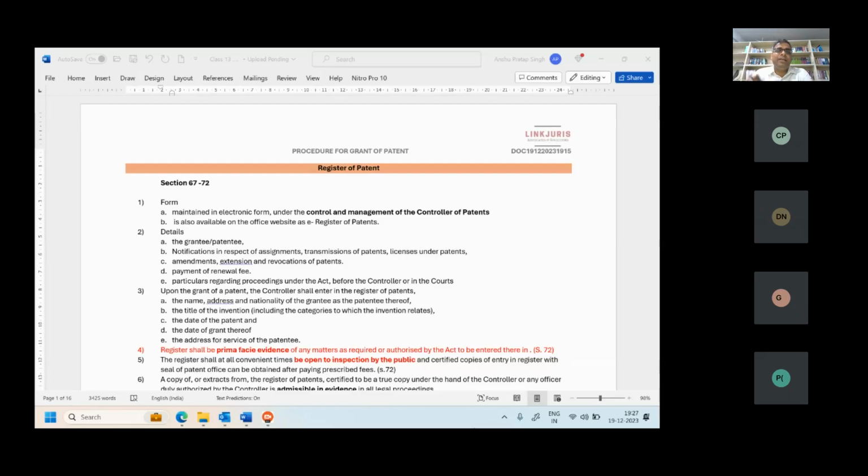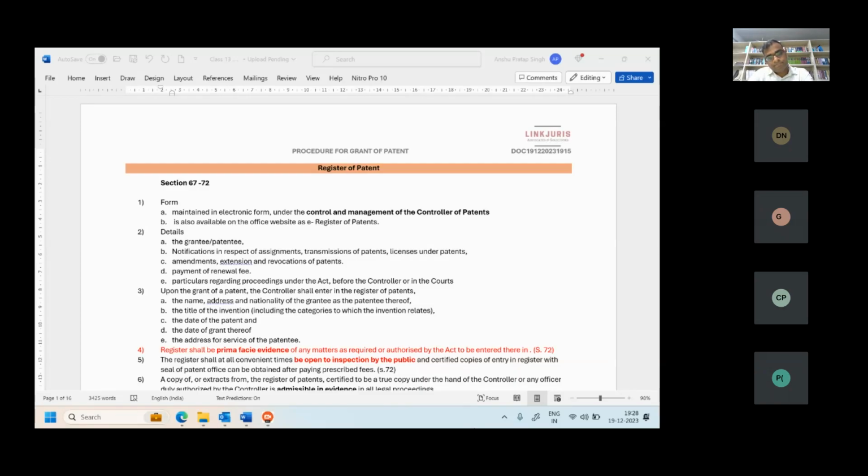The answer came that the grantee can be an inventor or an applicant, but the patentee is someone else, right? Sir, actually grantee and patentee are both the same person.